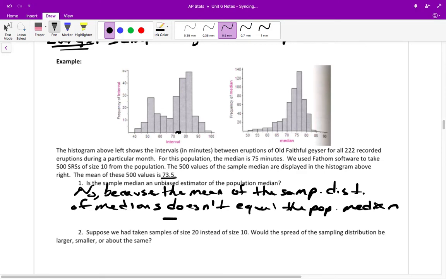Because the 73.5 is not the same as your 75 that we know is the true median.